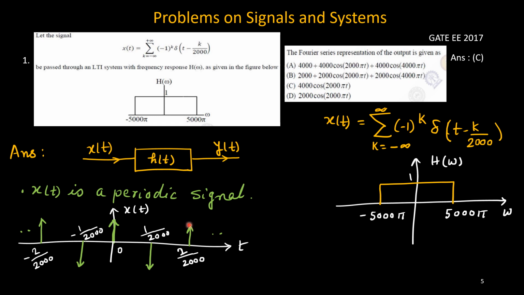Similarly, on the left-hand side, at -1/200 there is a negative delta, and at -2/200 again a positive impulse. Thus this signal will repeat and we get a periodic signal.